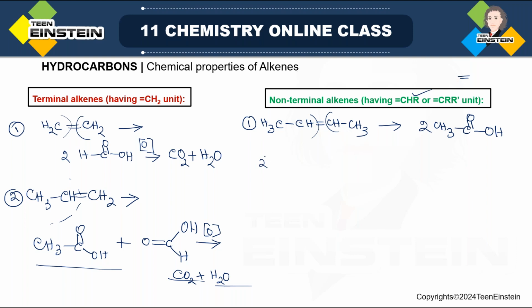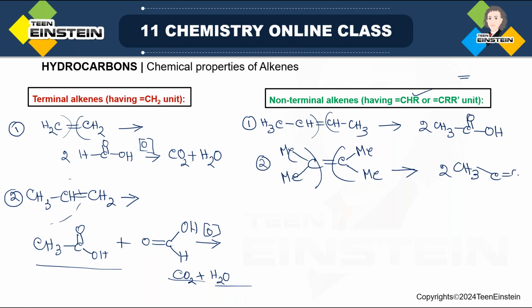Number 1 example. Second example, suppose you have total 4 methyl groups. So from this side and this side, total you will get 2 molecules of acetone. Third example.